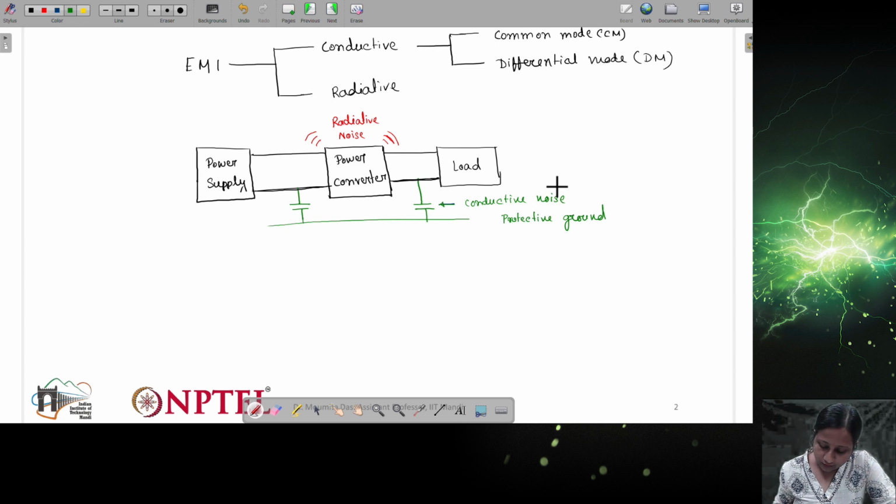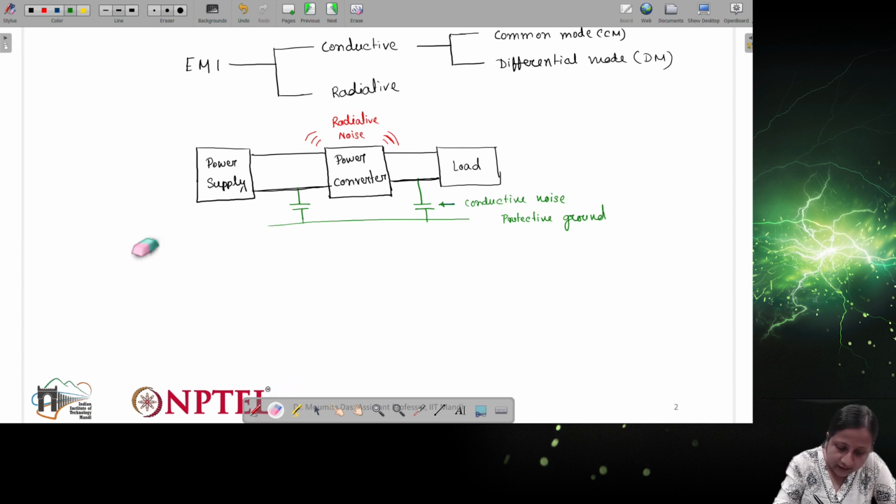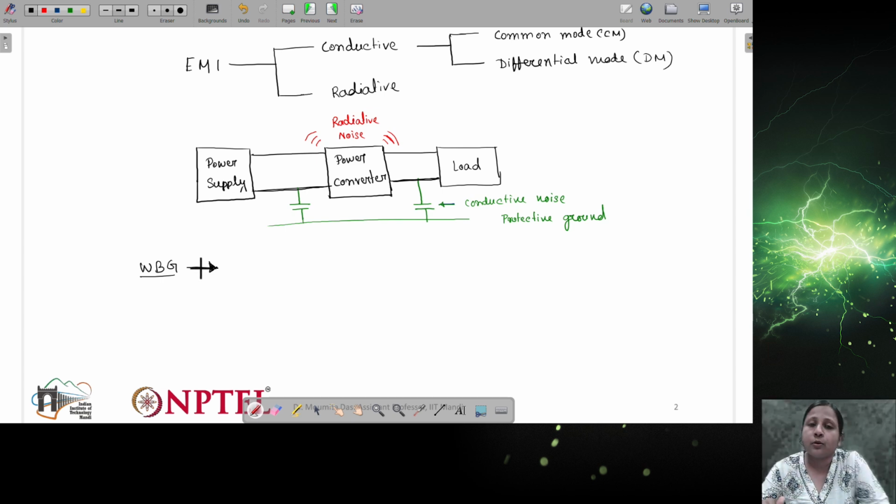When we are considering wide bandgap devices, silicon carbide or gallium nitride, one of the important things is that the converter should be able to operate at high frequency. Now if it is operating at high frequency, what will happen?